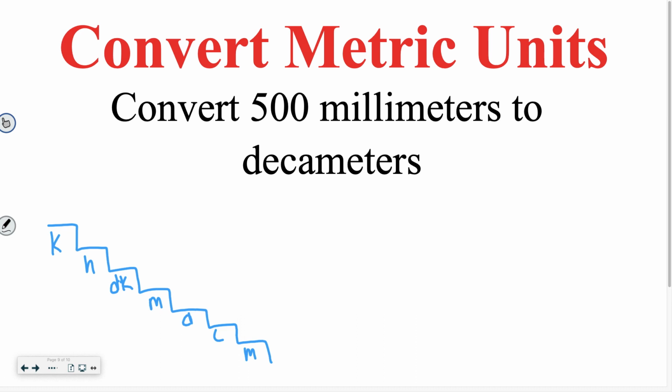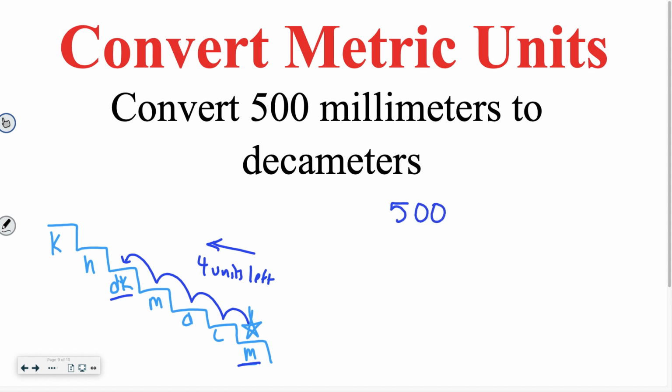So I'm starting all the way down here, and I'm moving from millimeters all the way up to decameters. So I have to move 1, 2, 3, 4 to the left. 4 units left.